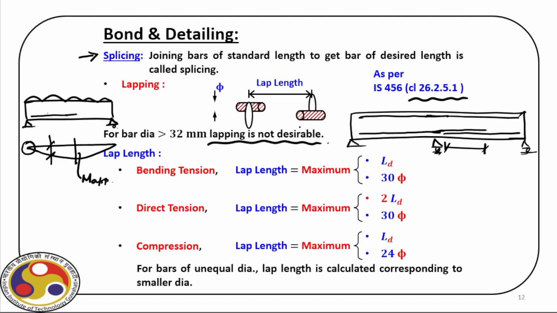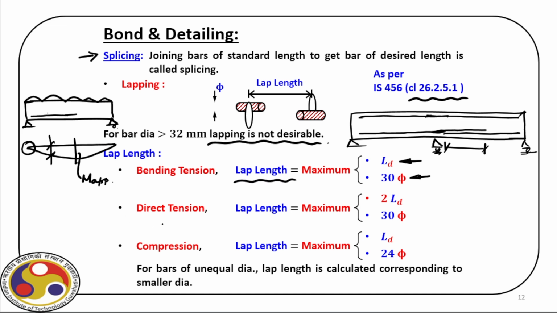Now, when we provide this type of lap length, the code says that against bending, we should provide a lap length of the maximum of these two. So Ld, that is the development length, we can calculate at the section where we provide this lap. Then Ld and 35 phi, that is, 35 times the diameter of the bar, the maximum of these two we have to provide as the lap length.